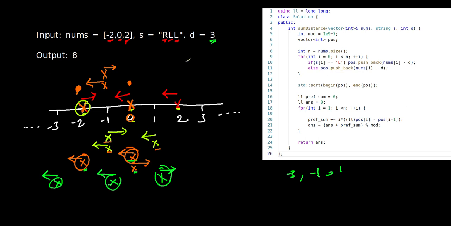So this robot at -2 initially, after 3 seconds it will be at -2 plus 3, and this equals 1.